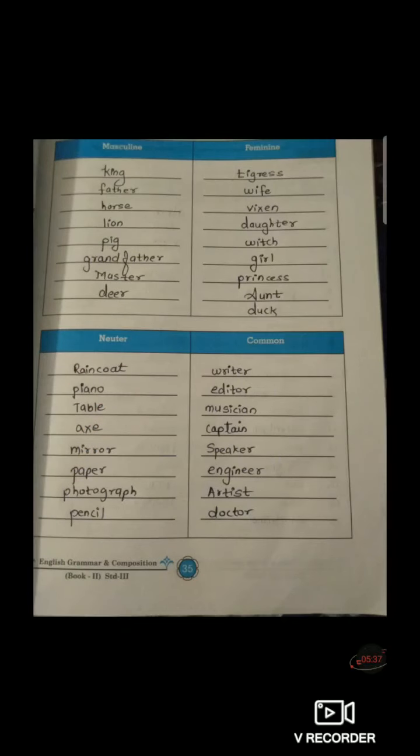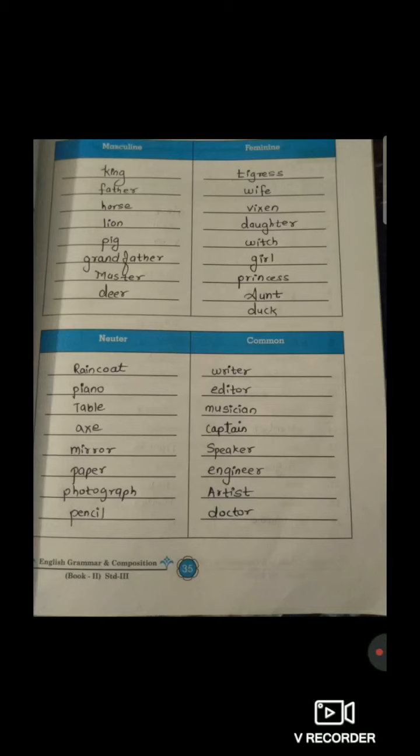Page number 35. Here you can see in masculine gender I have written king, father, horse, lion, pig, grandfather, master, deer. And in feminine gender I have written tigress, wife, vaccine, daughter, witch, girl, princess, aunt, duck.